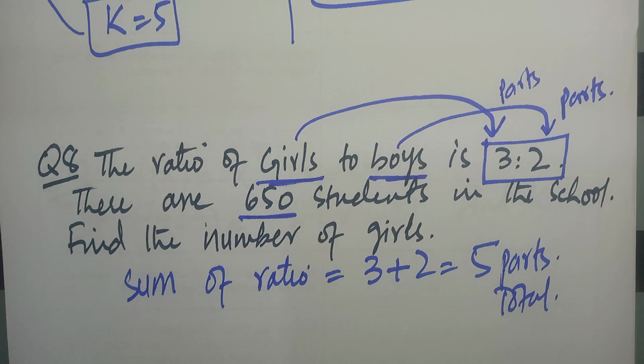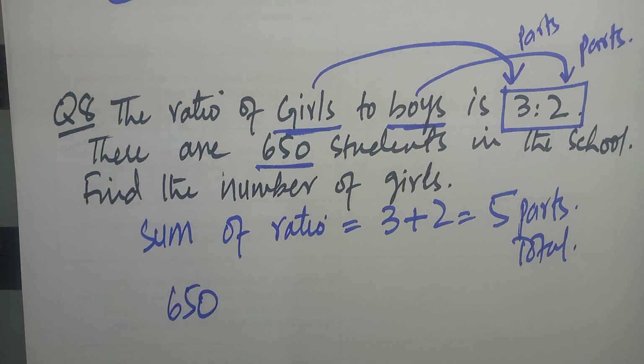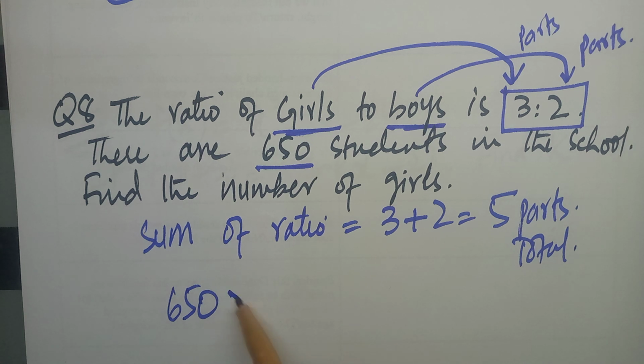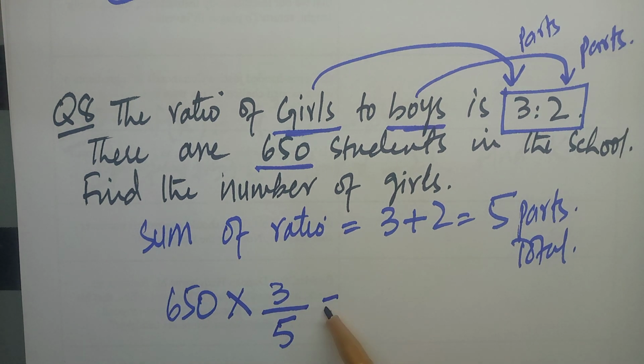We know that we have 650 students. These are the total students in the school, and when we multiply the total students by the number of girls' parts and divide by the total parts, the answer equals the number of girls.